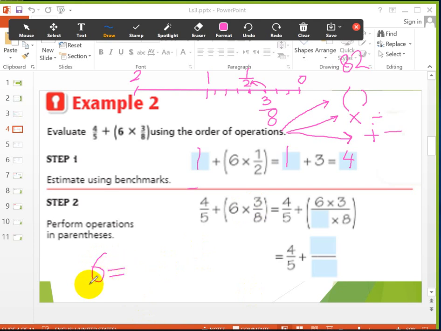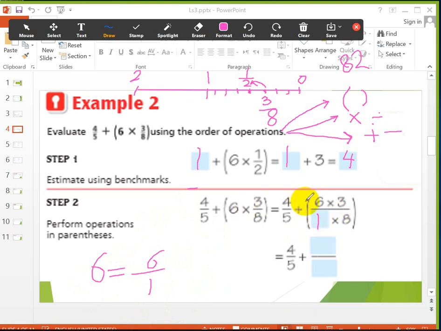You know the denominator for a whole, it will be what? 6 over 1, right? The denominator of any whole number equals 1. So the denominator for 6 will be 1.